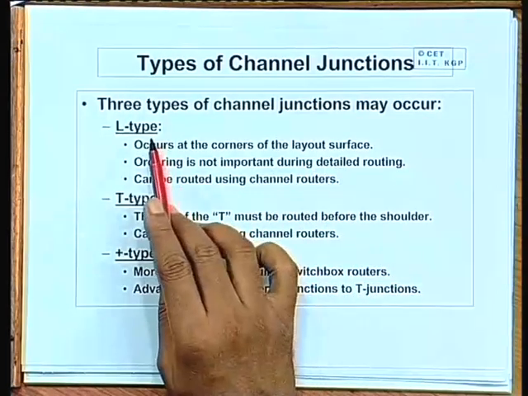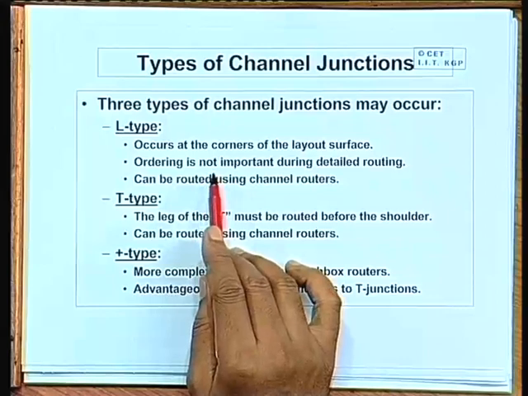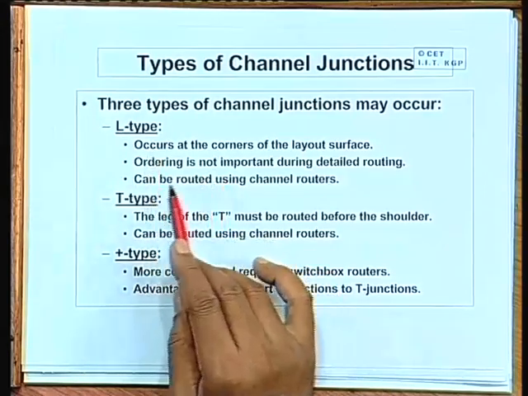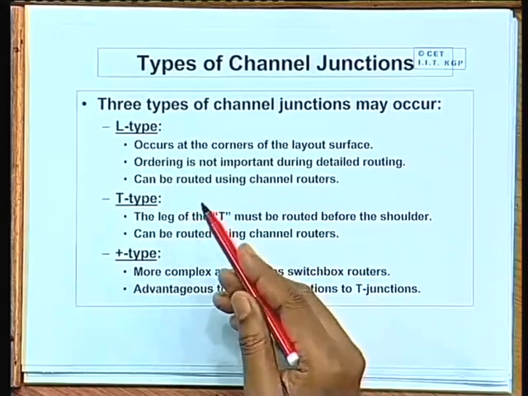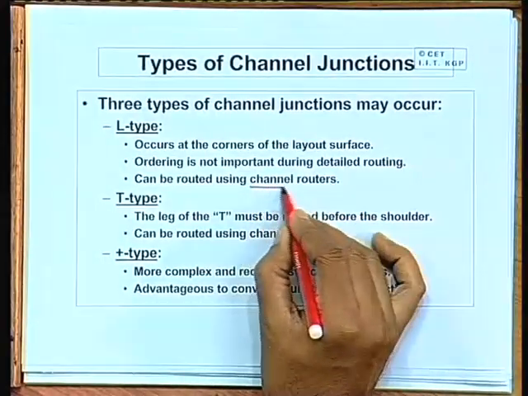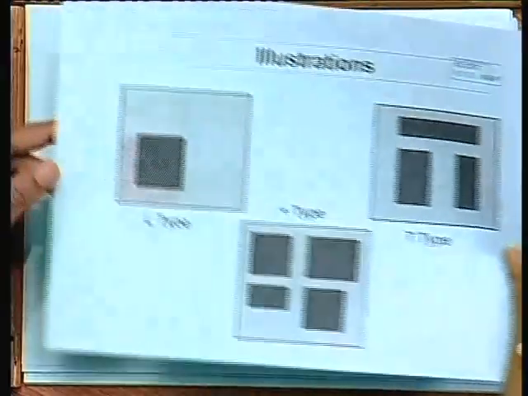Well, for L type channels, ordering is not important. This you can take up in any order, because in an L type channel, the other channels do not interfere much with this channel. This is near the boundary, okay. And you can use the conventional channel routers to handle L type channels also. How?